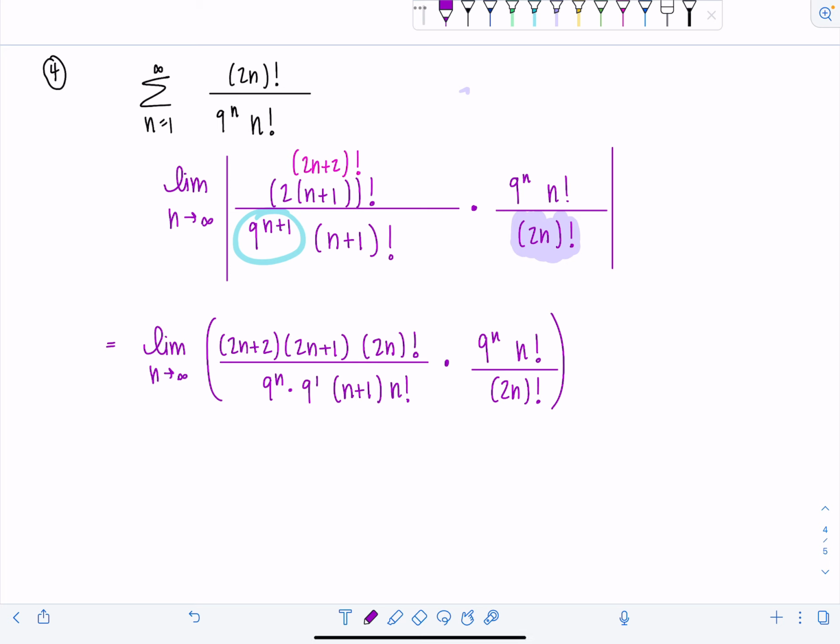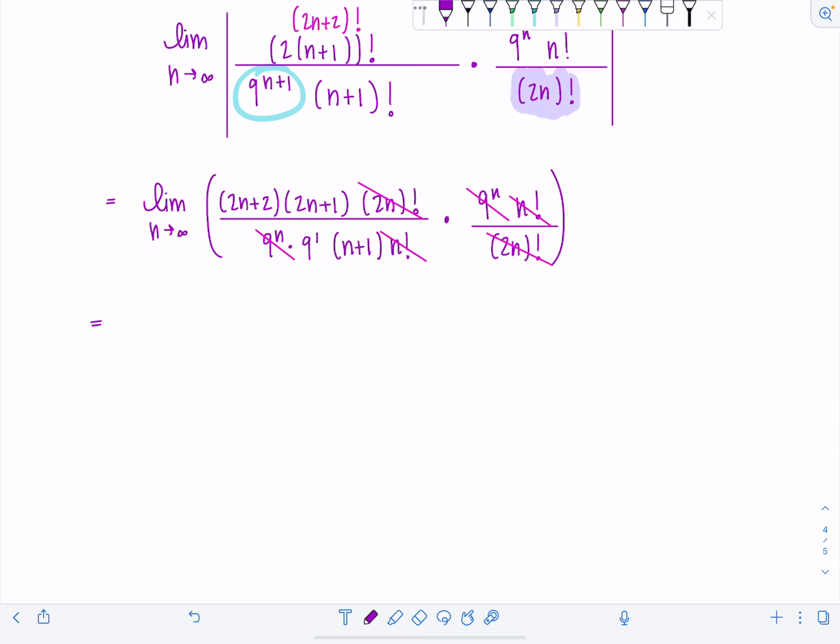Now it's cancel party time, my favorite part. So 2n factorial, bam, bam. What else? n factorial, ooh. Anything else? 9 to the n, yes, very good. Anything else? No. Okay.